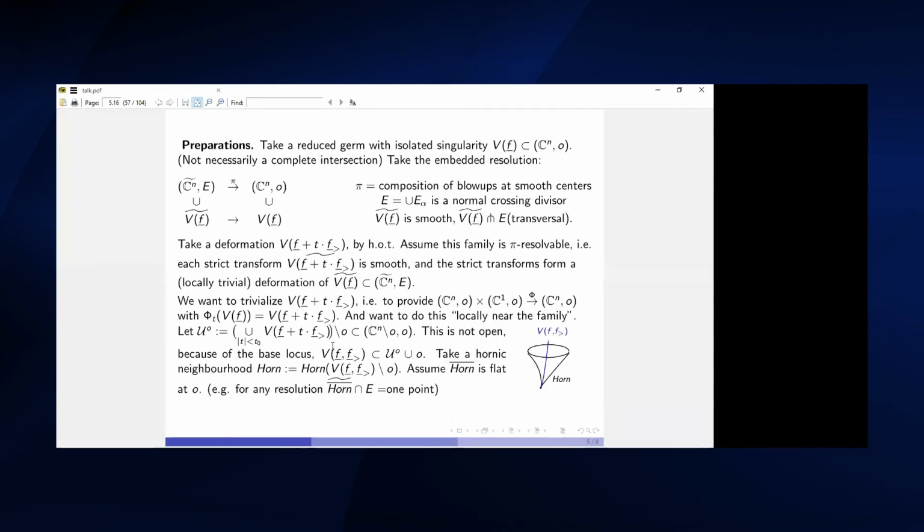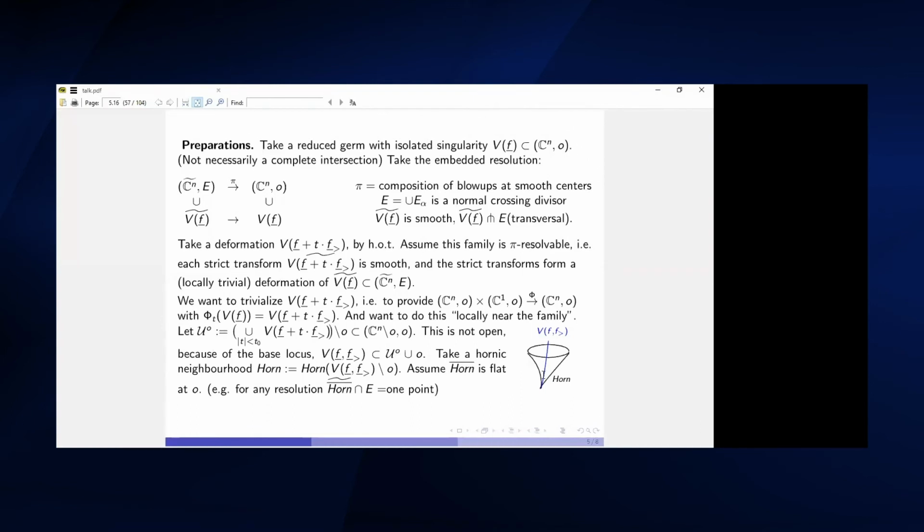Now this must be corrected because we want to work on some open set. So we will take a hornic neighborhood of this base locus. So here it is on the picture. The base locus is in blue, and we take here the horn. And we want the horn to be flat at the origin. Flat means here not in the sense of algebraic geometry, but in the most naive sense of calculus.